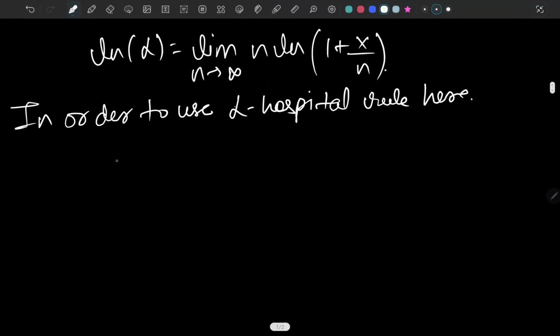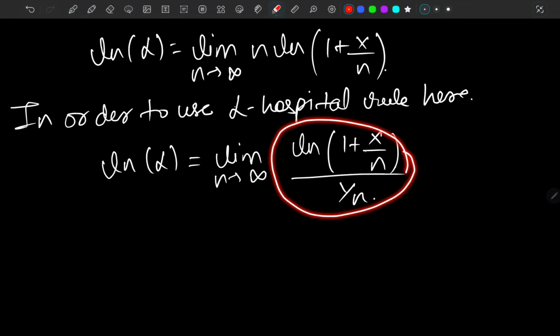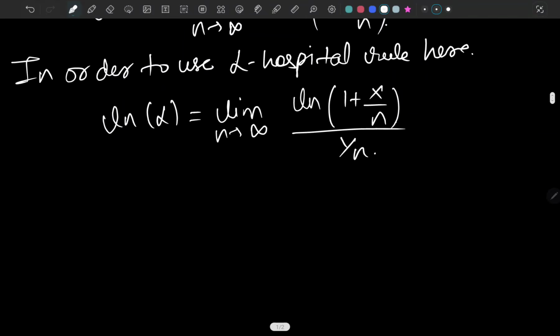So ln of L equals the limit as n tends to infinity, and we can write this as ln of (1 plus x over n), over 1 over n, writing that n this way. When we simplify, we get the same result we had earlier. Now we have this function in the numerator and this function in the denominator, so we are going to take the derivative of those functions separately, because L'Hopital's rule says that.